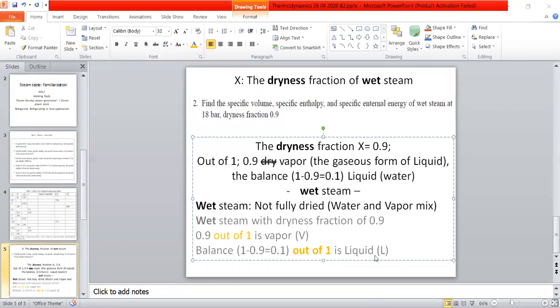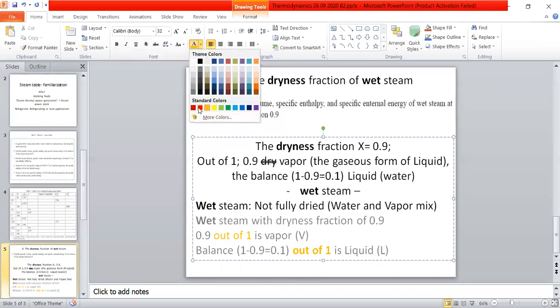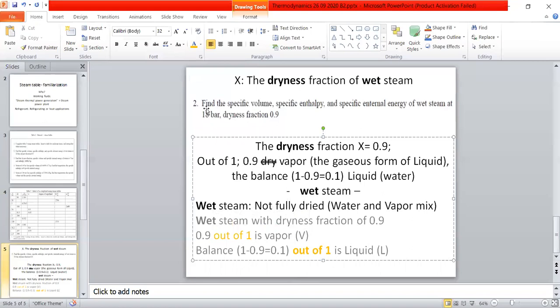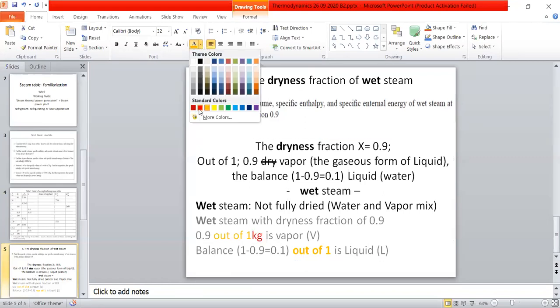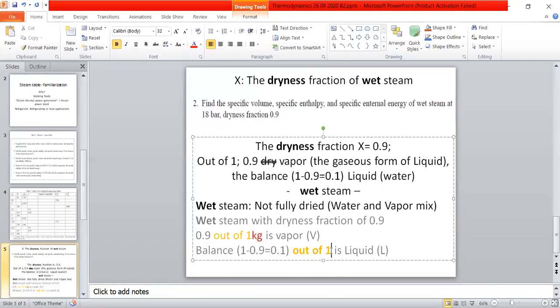I hope you can hear me. But do you know? Out of one means out of one what? Kg, kilograms. Out of 1 kilogram. Out of 1 means out of 1 kg.